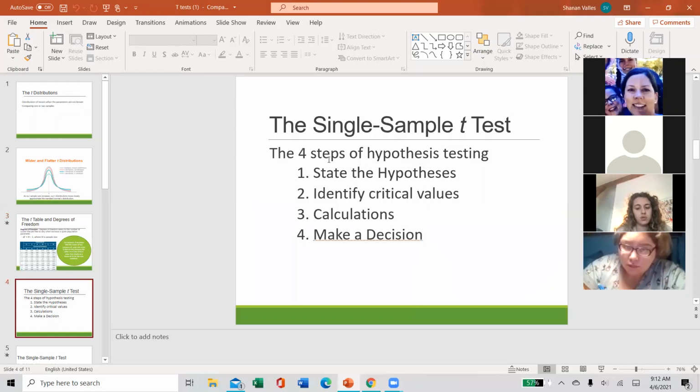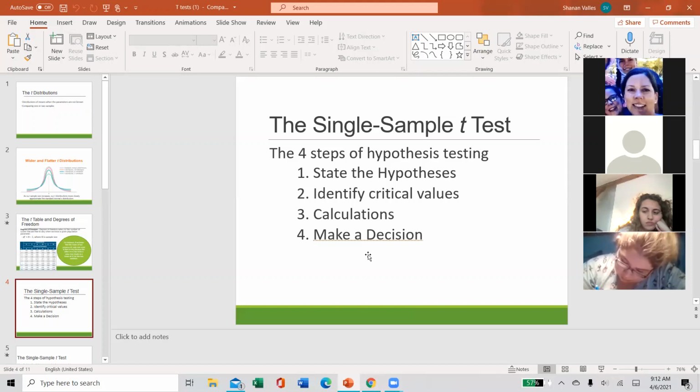So we have not done this yet. This is how we do statistics. I've put it into 4 steps. I don't know if this author does 4 steps. Some people do 7 steps, and I don't know if they do less than 4.